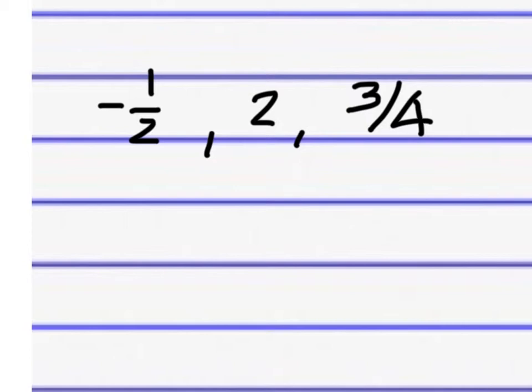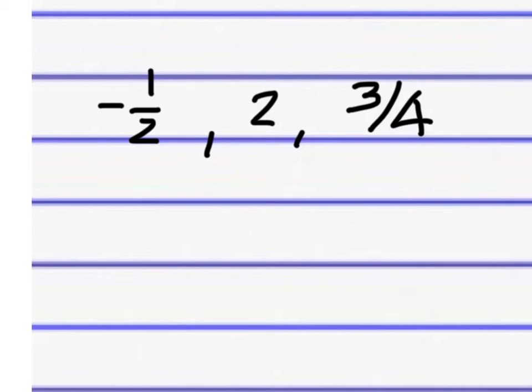This one has a -1/2, 2, and 3/4. And before we do this one, just a reminder that the purpose of the lesson is not add, subtract, multiply, and divide fractions. You must be efficient with that previously. The process is still the same even though it is fractions.